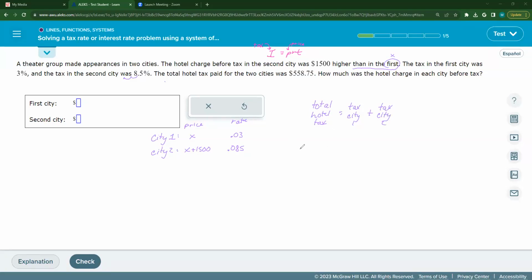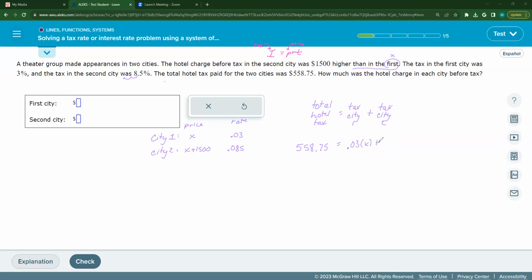And the total is $558.75. And now I'm going to use that formula. The tax equals PR, the price times the rate, and the time is just once. So tax city 1 is going to be the 0.03 times X.